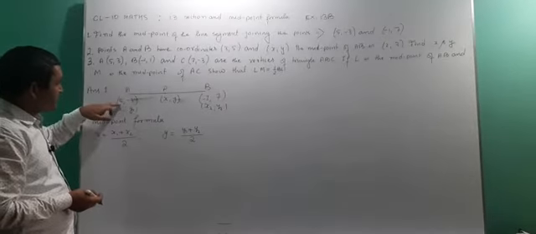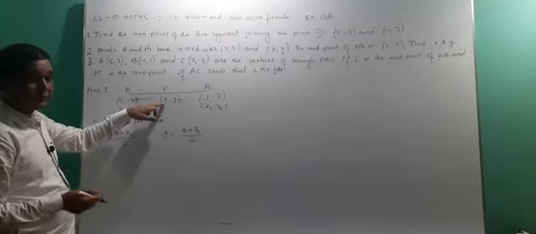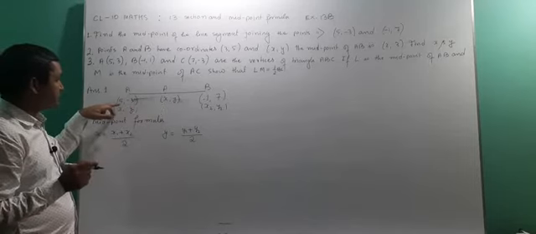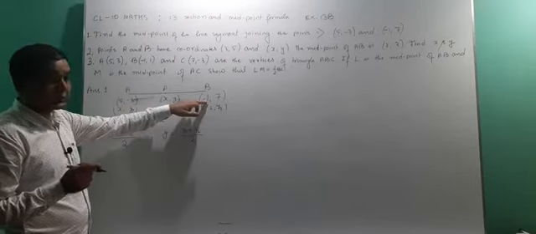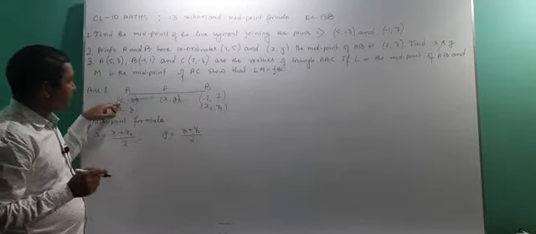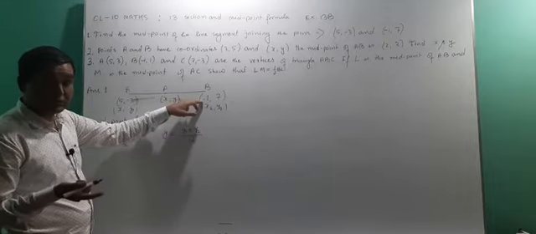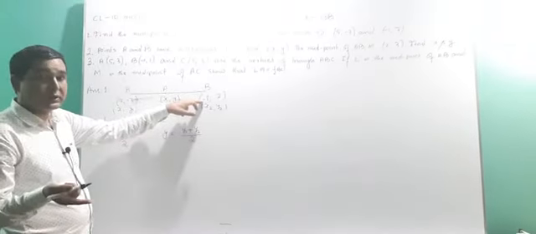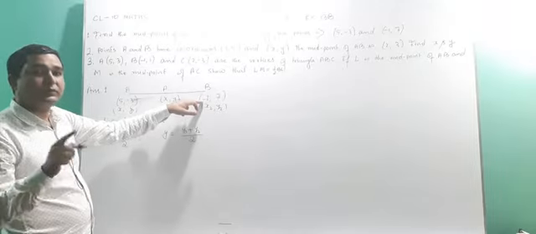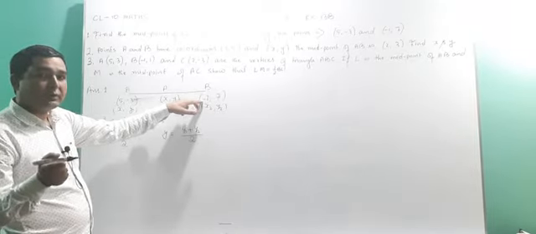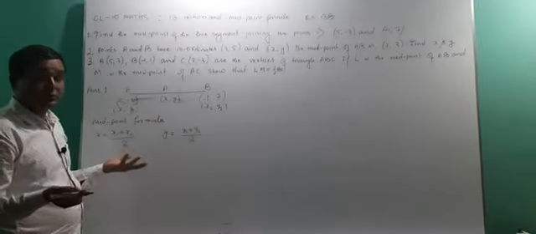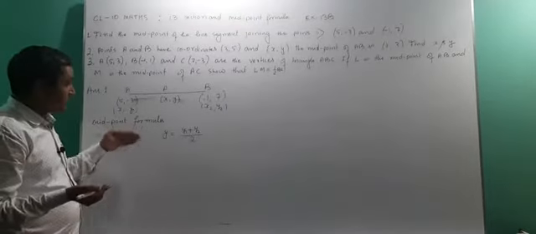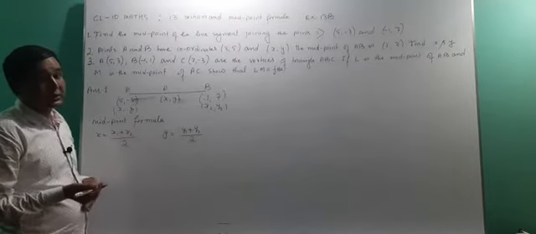To get the value of x, just get the sum of the x coordinates. 5 plus -1 is how much? 5 plus -1 is 4, and 4 divided by 2 is 2. We can do it directly also, but always write the formula because the formula carries some marks.